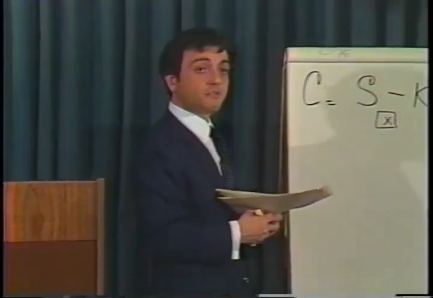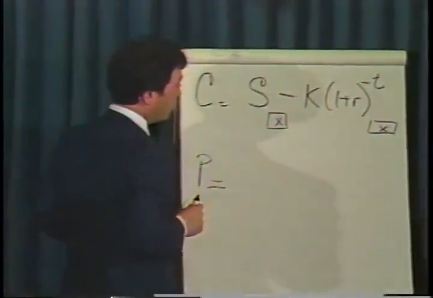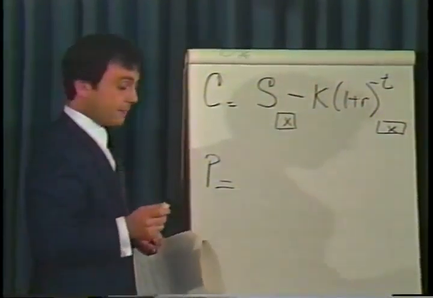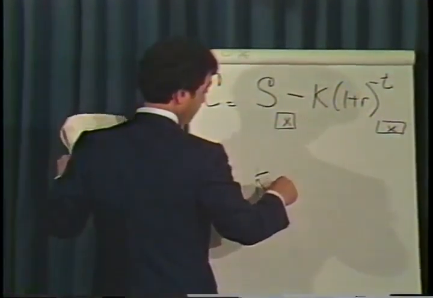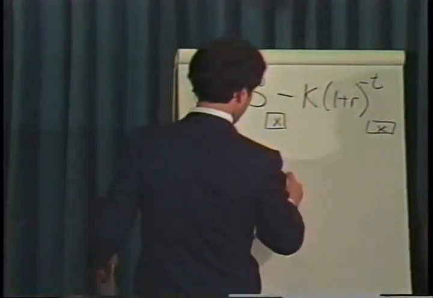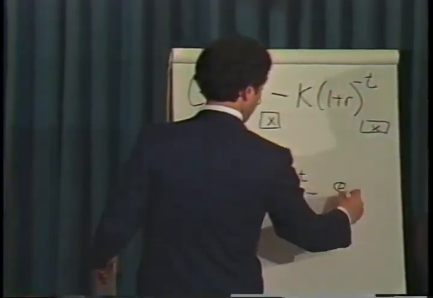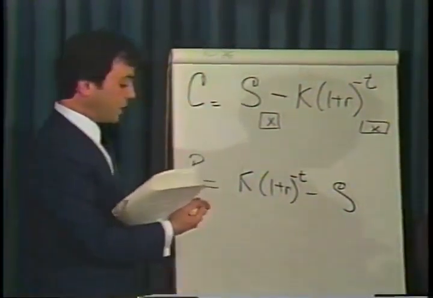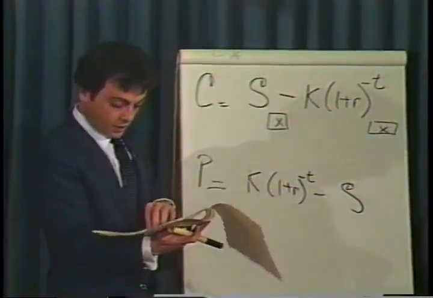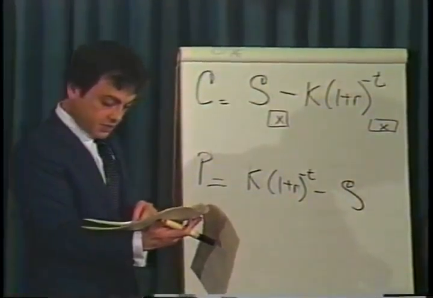And similarly, for a put option, what is the put formula in a deterministic world? K times (1 plus r) to the minus (t minus s), minus s. And the Black-Scholes value for a put option would be on page 6.